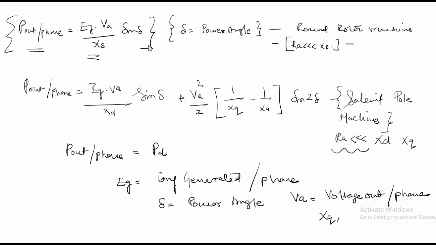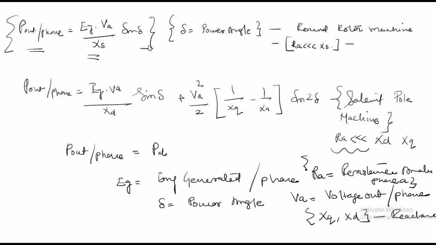Xq and Xd are the quadrature axis and direct axis reactances, and Ra was my resistance of armature per phase. So these were two equations, equation 1 and equation 2.